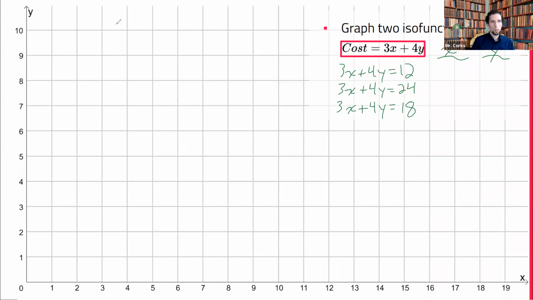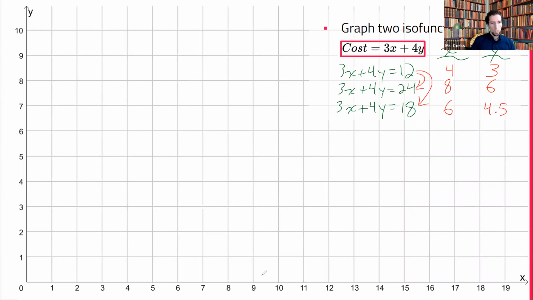Those points will work. So intercepts for the first one: 4 and 3. And then if I look at the next one, it's 24. Everything's doubled, so just 8 and 6. And then 12 to 18 is times 1.5, so that's a 6 and a 4.5.